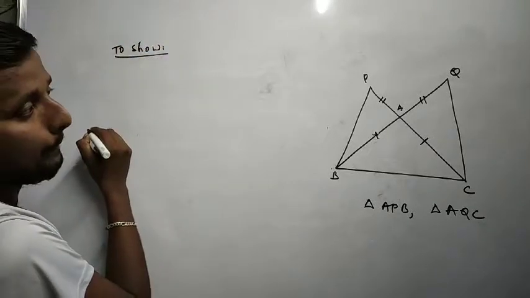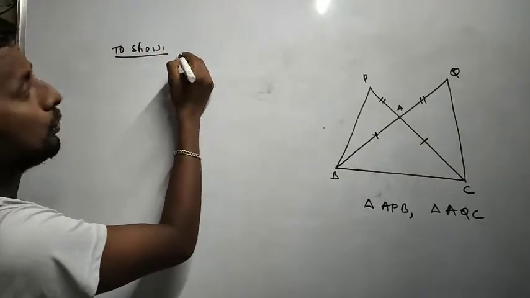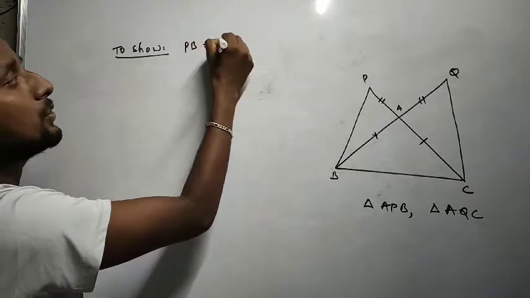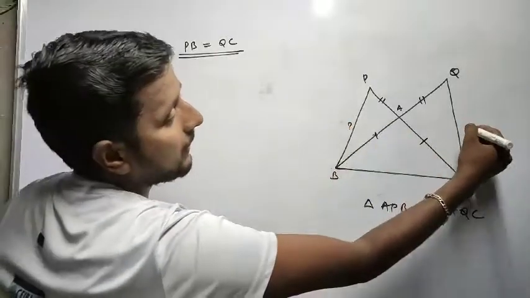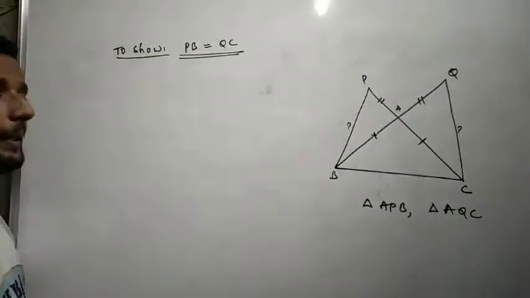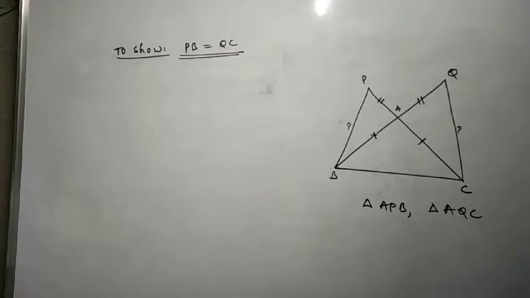To show PA is equal to QC. Where I put the question mark are the sides we are talking about. Am I right? Congruence rules.